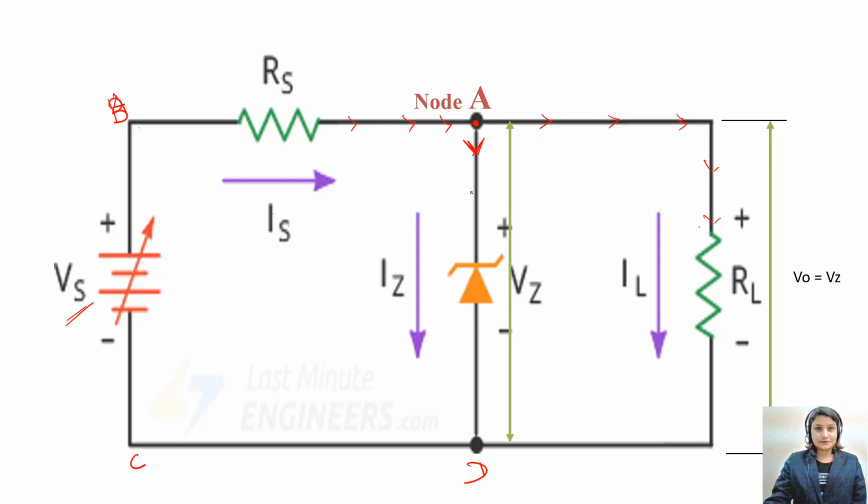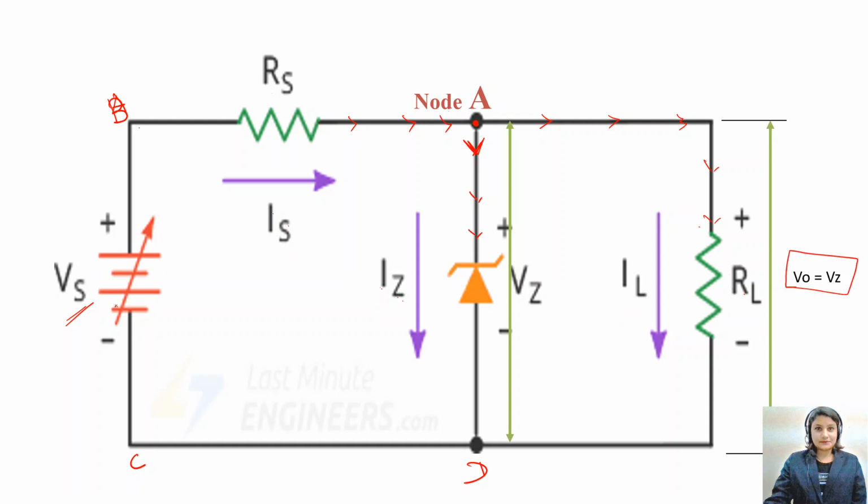So the current flowing through Zener, I denote it by IZ, Zener current, and the current flowing through RL I denote by IL, load current. And the output VO will be equal to VZ.